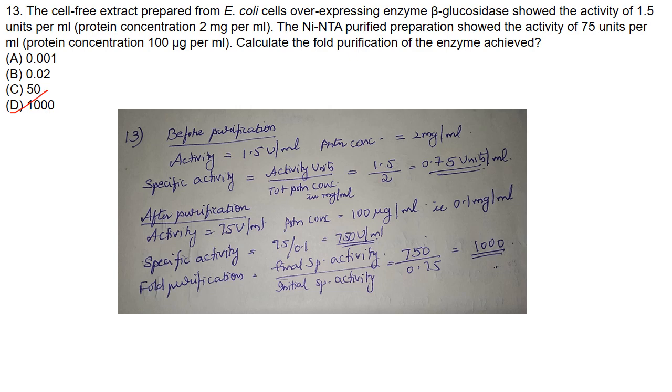So convert it into mg per ml, so it becomes 0.1 mg per ml. Then specific activity is activity units by total protein concentration in milligrams per ml. So it is 750 units per mg. So fold purification is final specific activity by initial specific activity. You will get it as 1000. So the answer is option D, 1000.